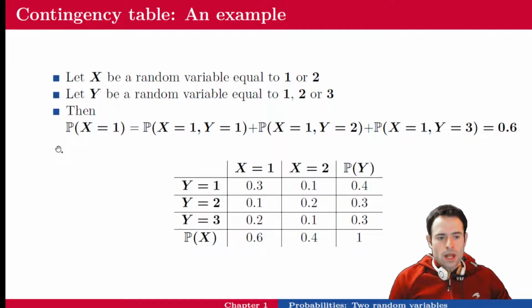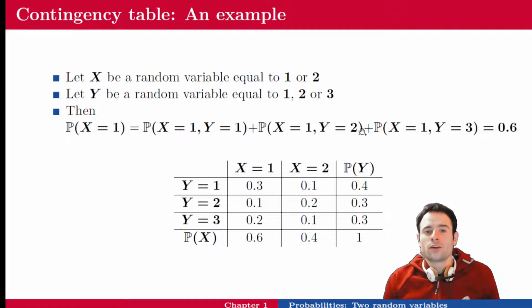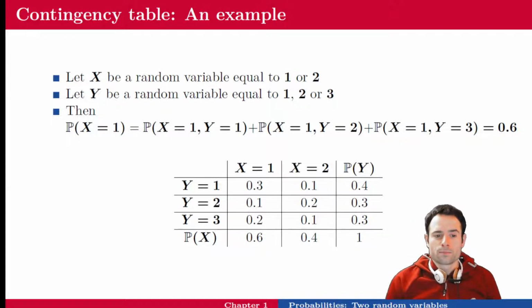So first of all, let's look at the probability that x is equal to 1. It will be the sum of all the probabilities where x is equal to 1 shows up, which is this cell, and this cell. Note that this sum represents or. I talked about this, it's called the union.